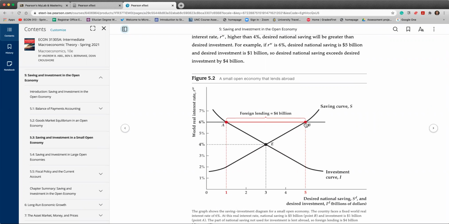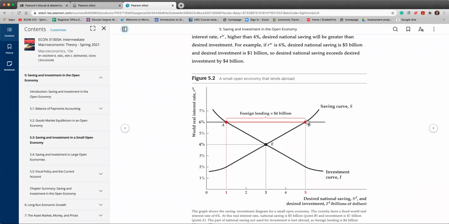And the difference between saving and investment at the given interest rate is net exports. In this case, saving is greater than desired investment at this world real interest rate. That means they have excess saving, excess dollars.